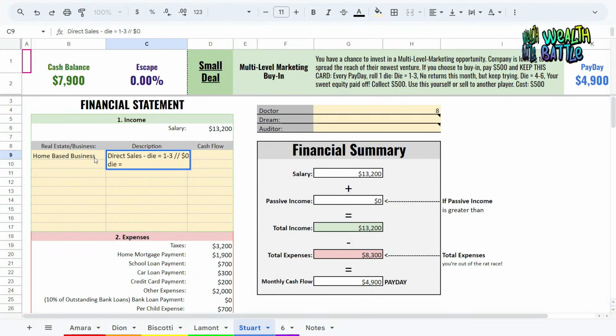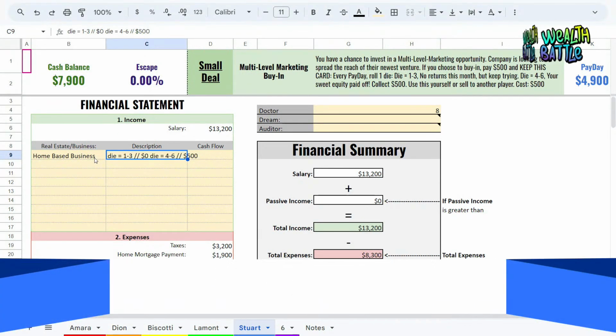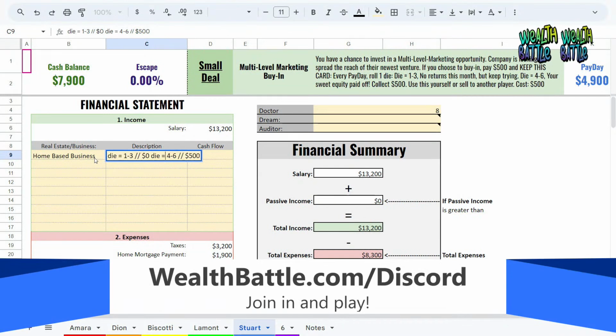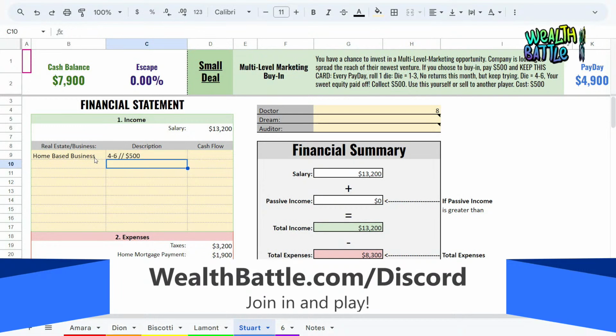Die equals 4 to 6, equals $500. Just as a little reminder of what everything is. Oh, man, I hope I can make it all fit on one line. I did it! If it was me, I'd just exclude 1 through 3 because nothing happens. So smart. I like it. 4 to 6.